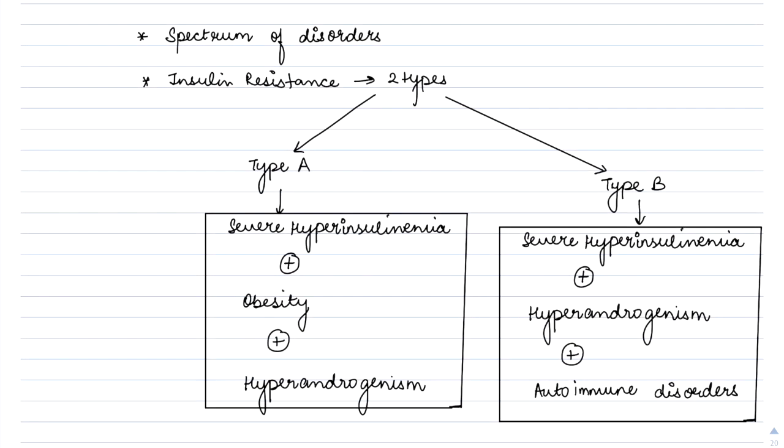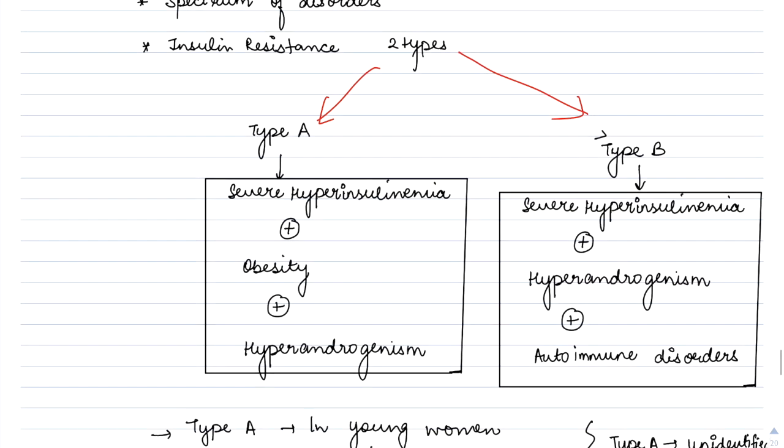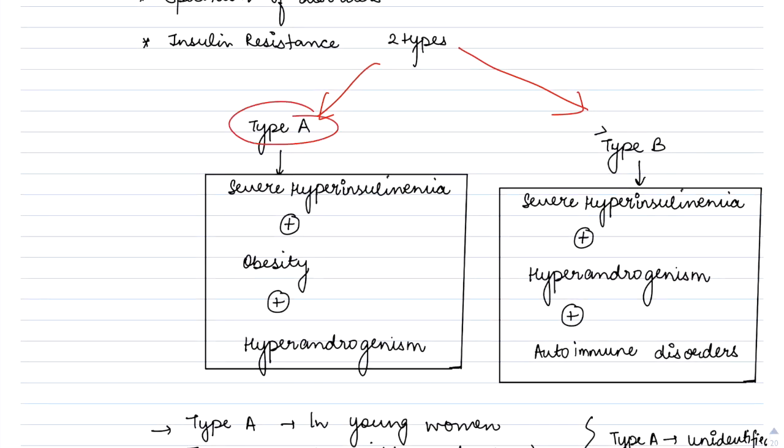To classify insulin resistance, it is of two types: type A and type B. Type A is characterized by three things: severe hyperinsulinemia that will always be present with obesity and hyperandrogenism. While in type B, there is severe hyperinsulinemia with hyperandrogenism and the presence of autoimmune disorders.